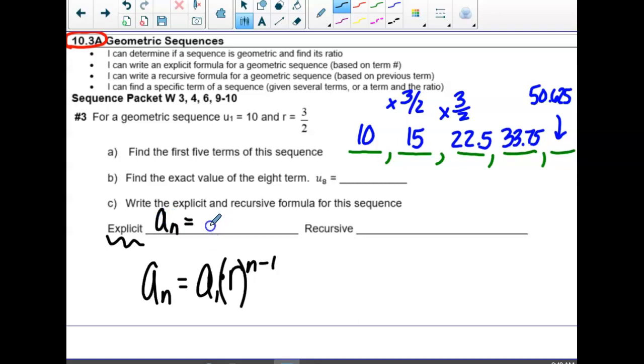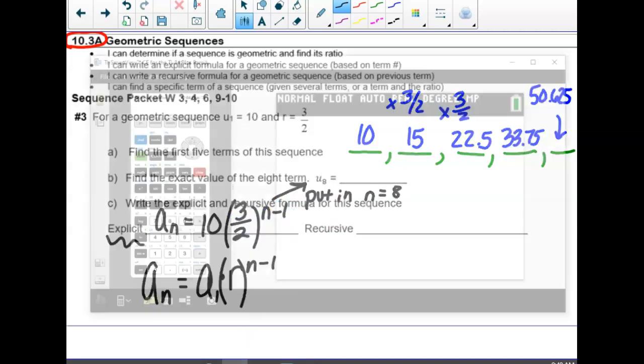What are we going to start with? 10, and then R is 3/2, to the n minus 1. So to go back to the 8th term, we just need to put in n equals 8. So 10 times 3/2 to the 8 minus 1, or to the 7th.